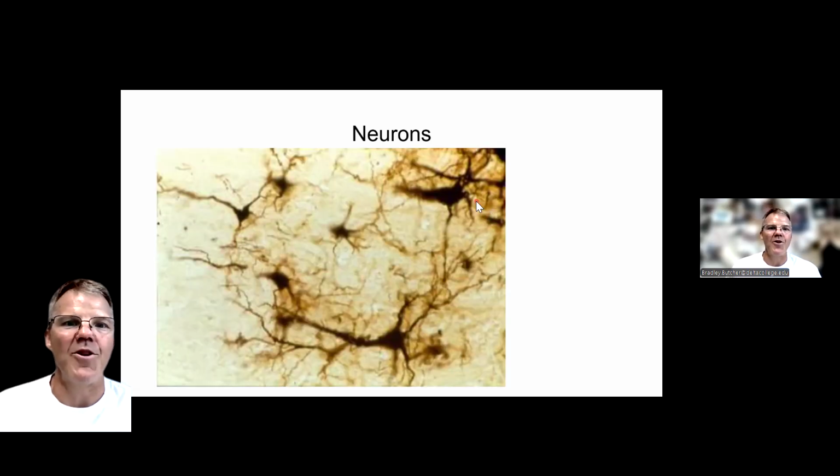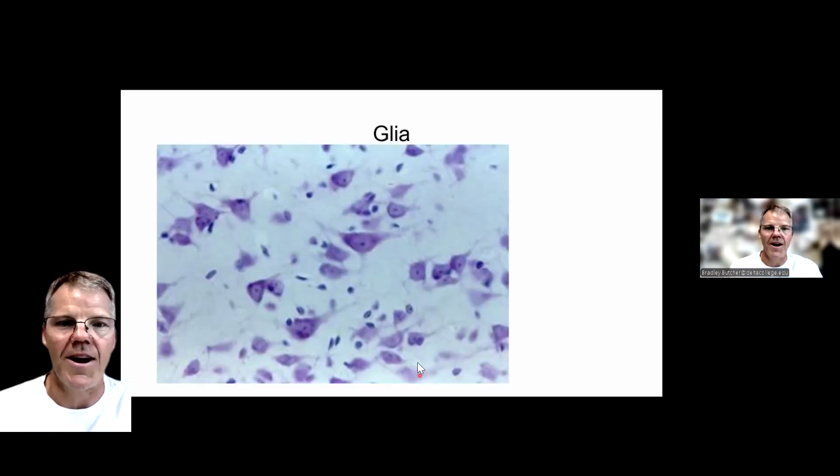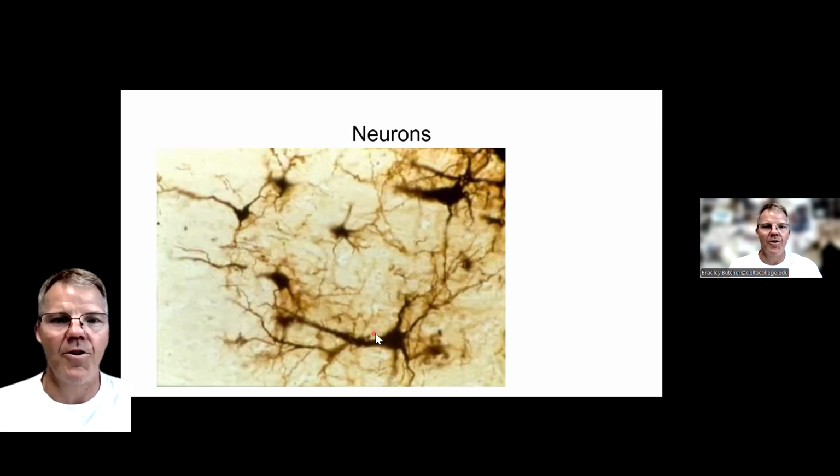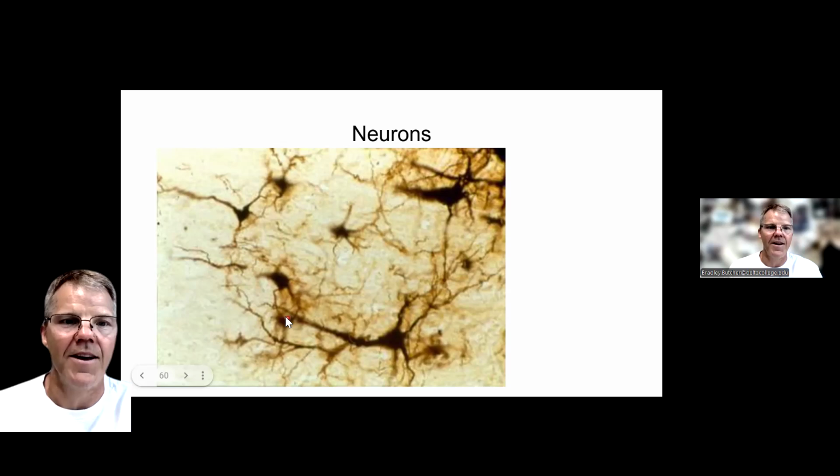Let's take a look at some neurons. So these are neurons here. This might be a single neuron right here. This would be called the cell body. The nucleus is inside there. You have these dendrites hanging off, and you have this long axon. And these cells would then send a signal.